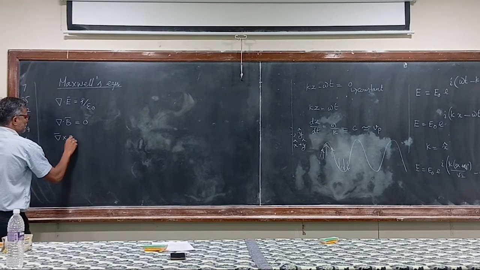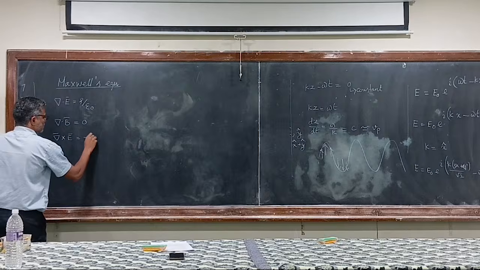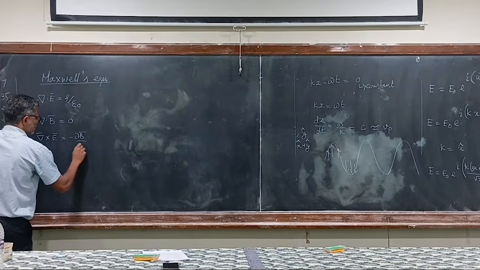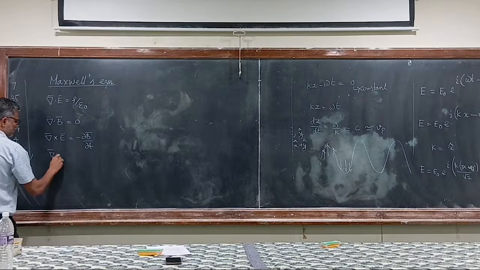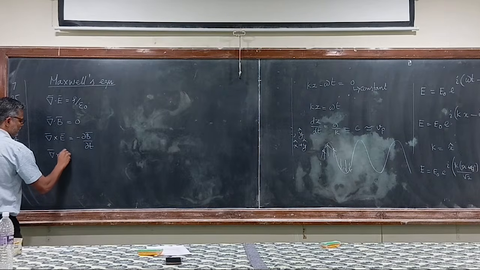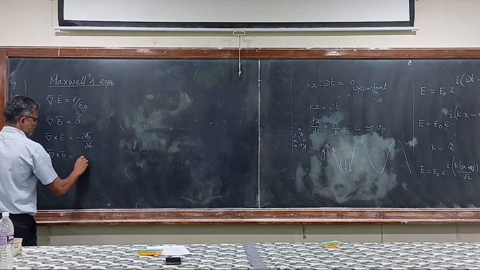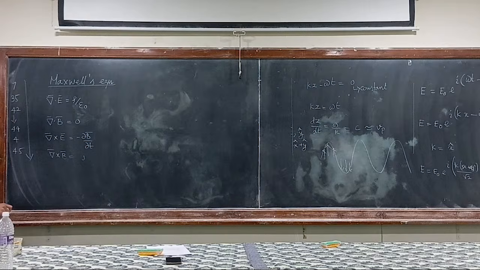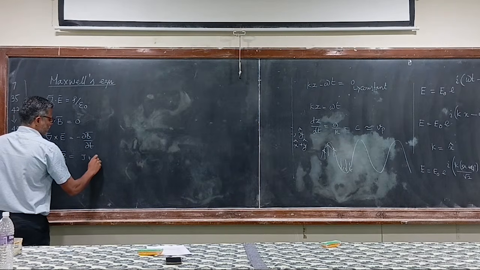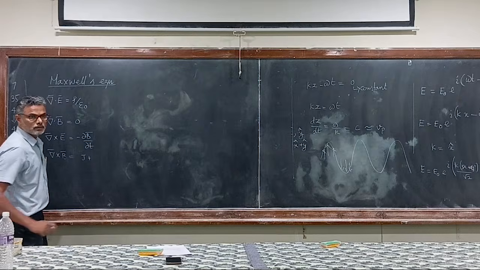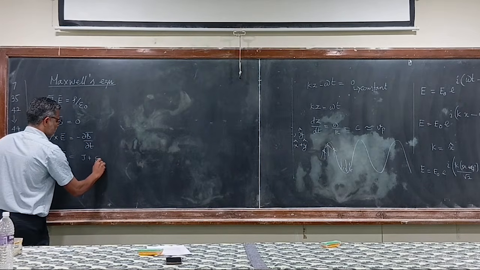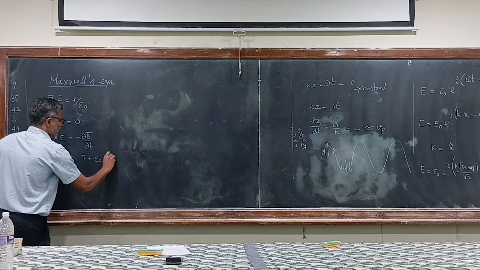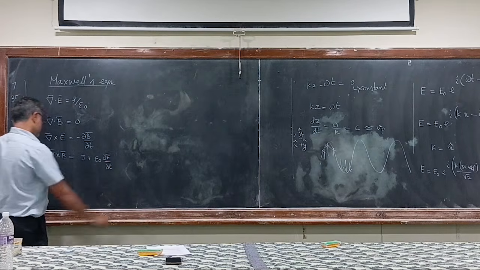Del cross E equals minus dB by dt. Del cross B equals mu 0 times J plus epsilon naught dE by dt.